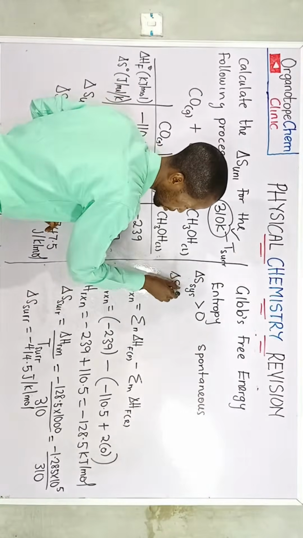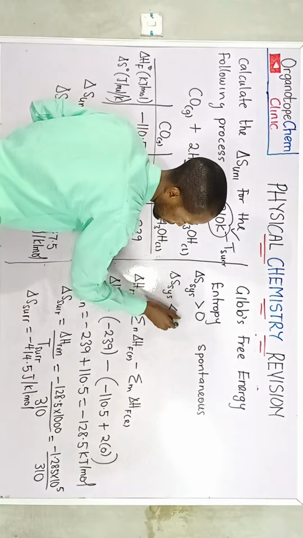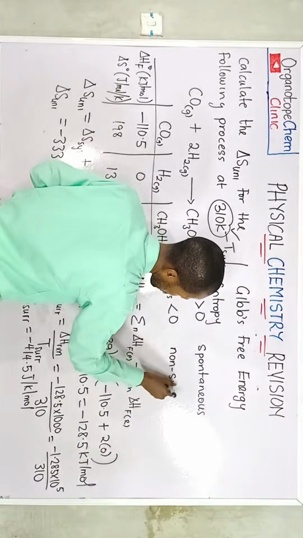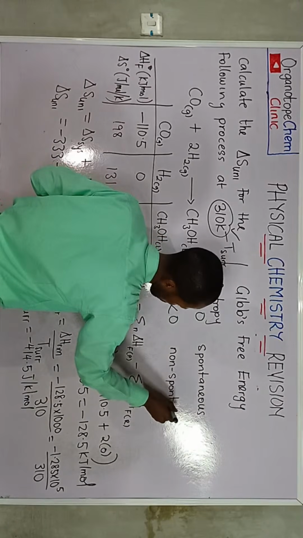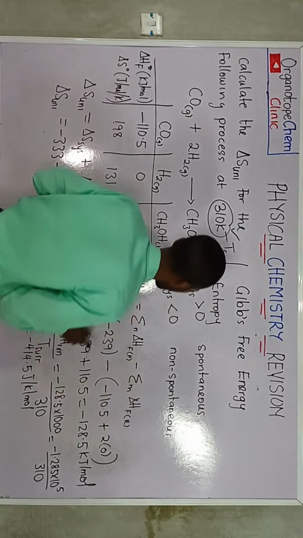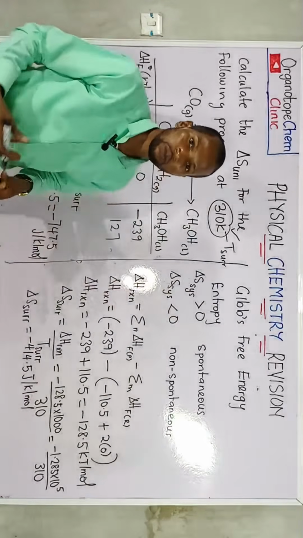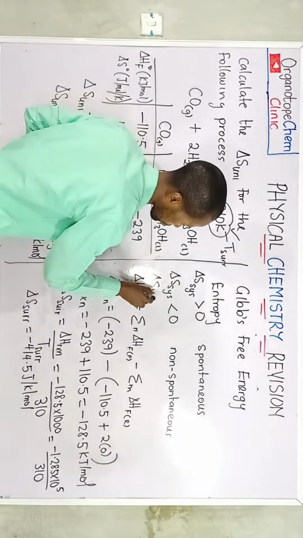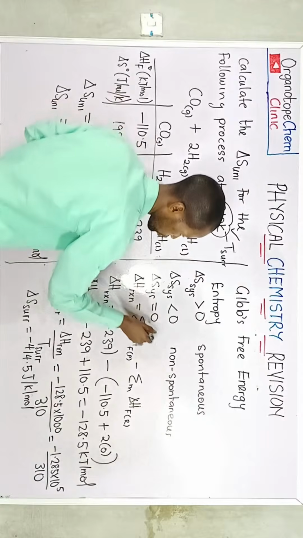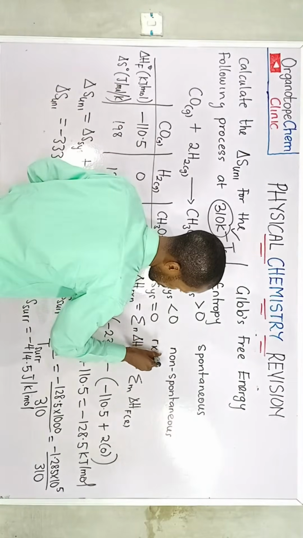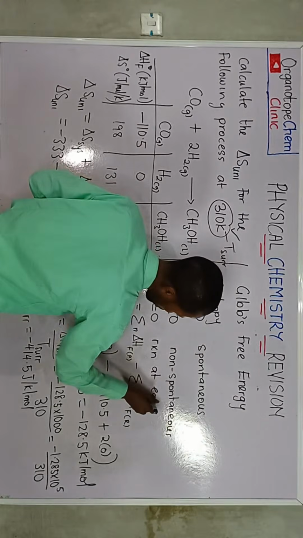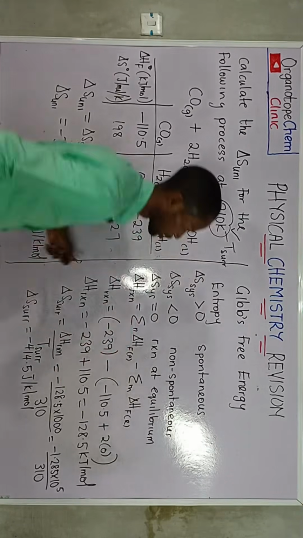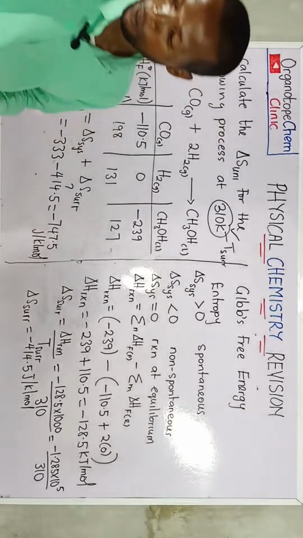Now, when delta S system is less than 0, it means the reaction is non-spontaneous. Values less than 0 are said to be what? Negative values. When delta S system is equal to 0, that's a reaction at what? Equilibrium. That means the reaction is at equilibrium.